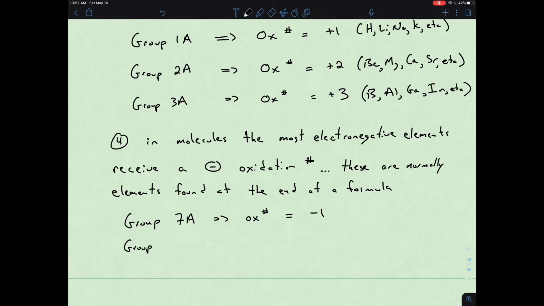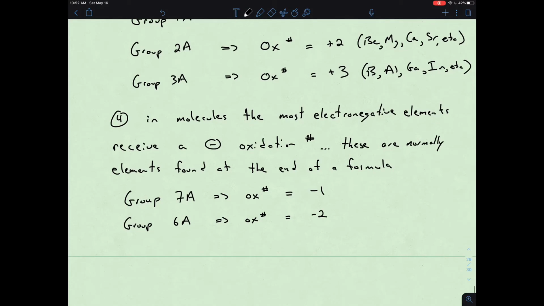Group 6A, the oxidation number they prefer is -2. And with group 5A, the oxidation number they prefer is -3.